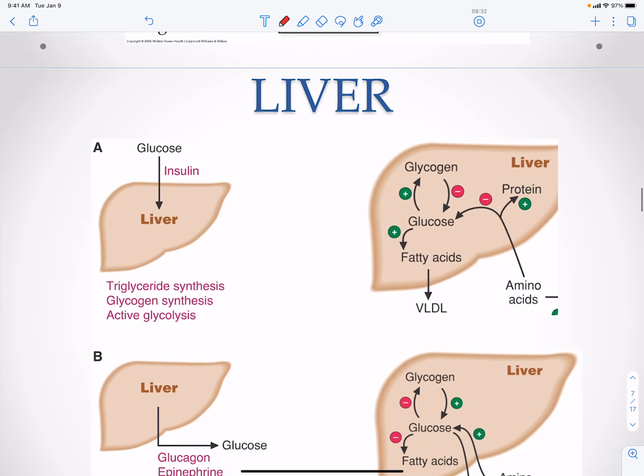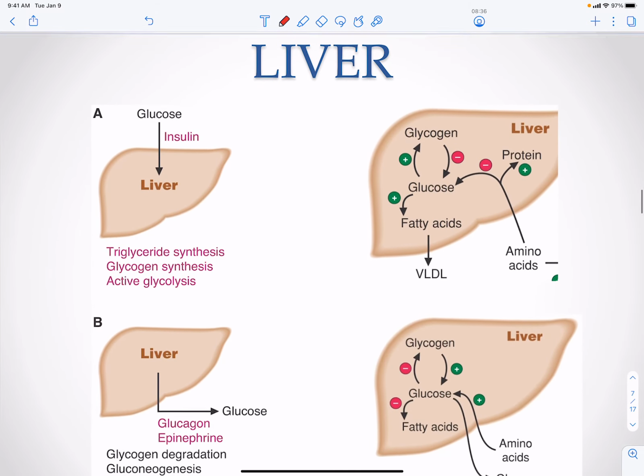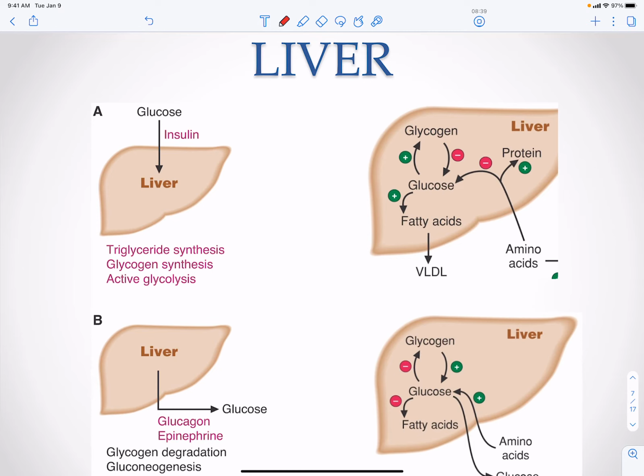Now let's just talk a little bit about what the major organs with respect to our homeostasis are doing. I want to spend some time on the liver, the muscle, and adipose tissue. So here we have our liver, and over here we have insulin present. In the presence of insulin, there are a few things that your liver is doing.